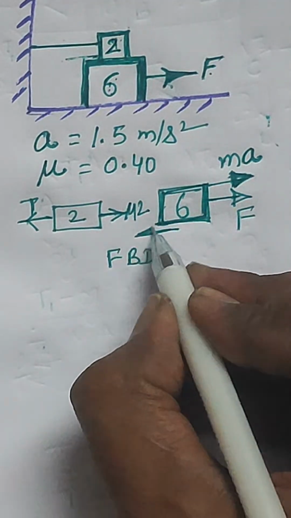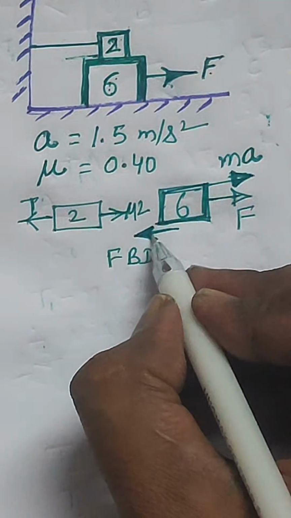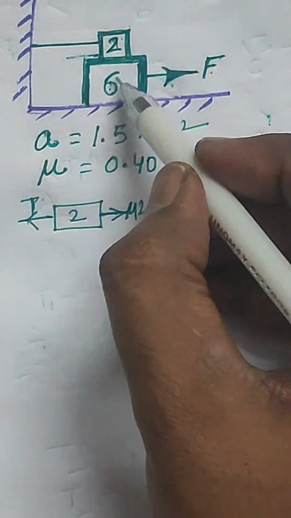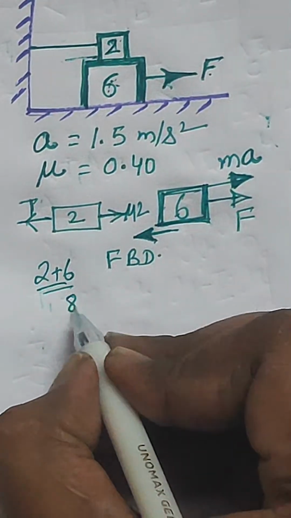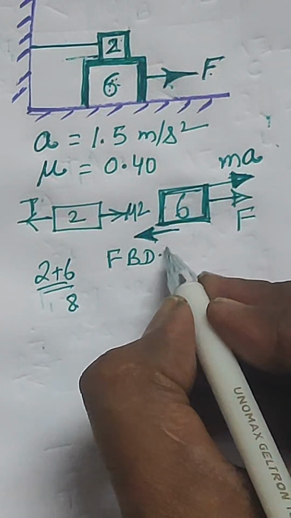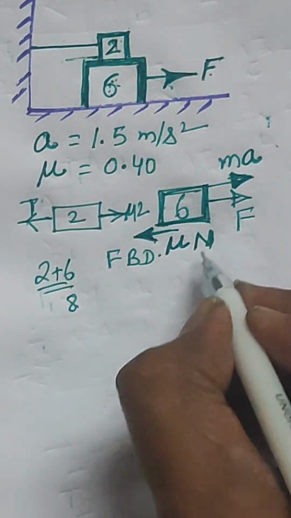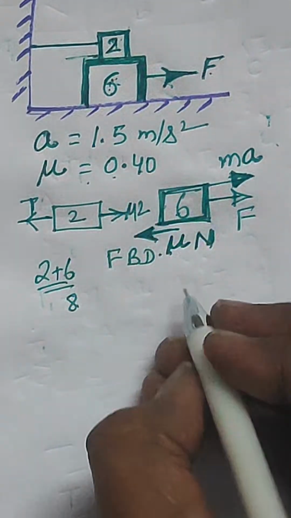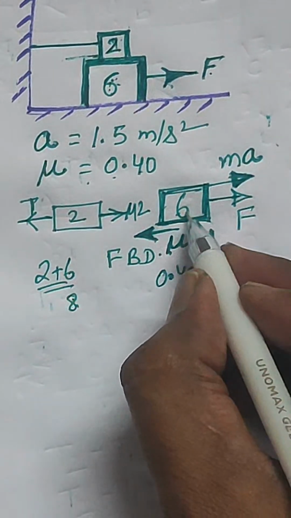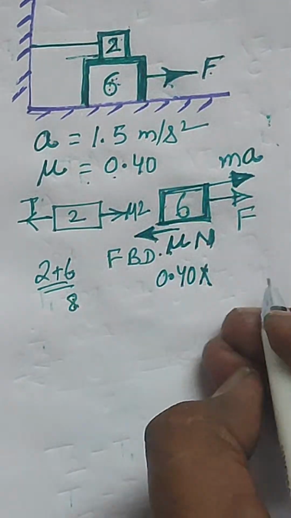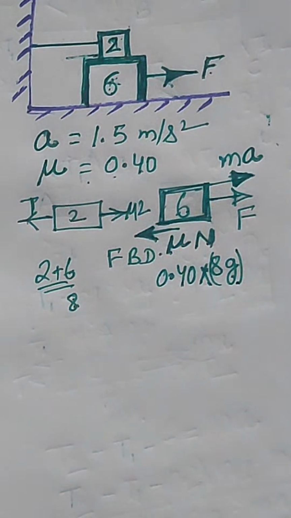So a friction force acting opposite to the direction of motion will be applied here, mu times N, the normal reaction. Mu is given as 0.40, into N, which is nothing but 6 plus 2, that is 8, into g. So this 8g will be applied.